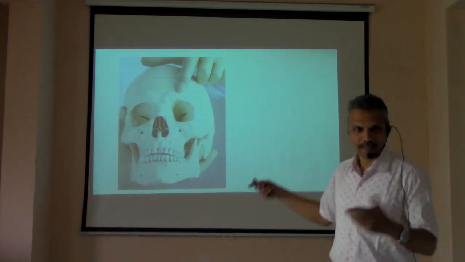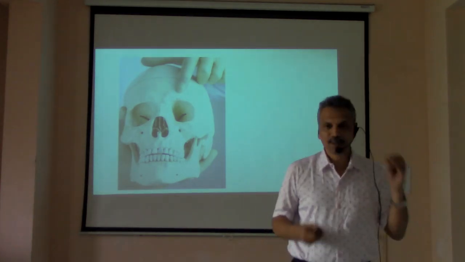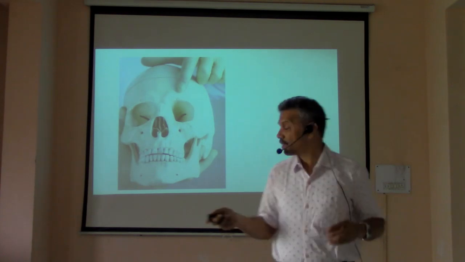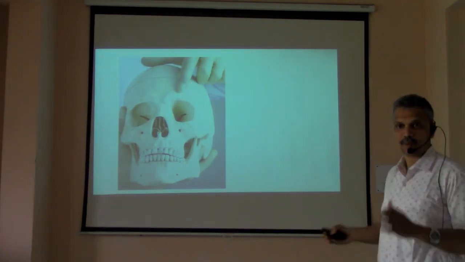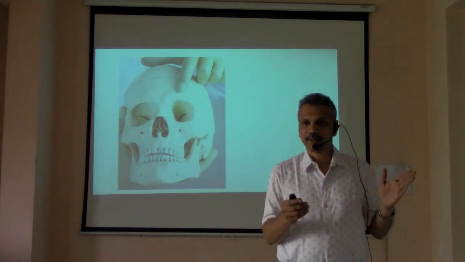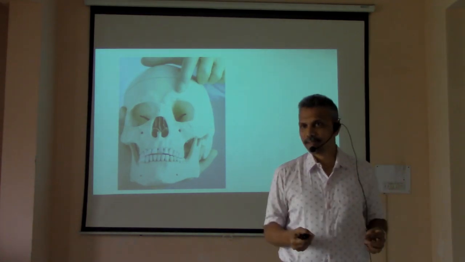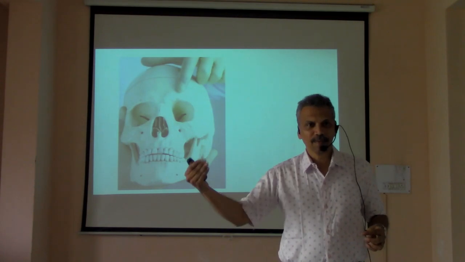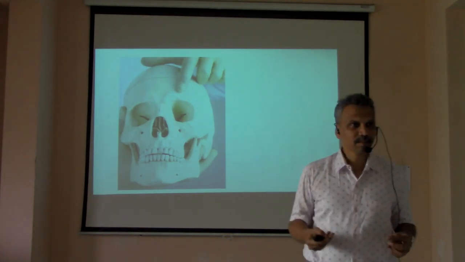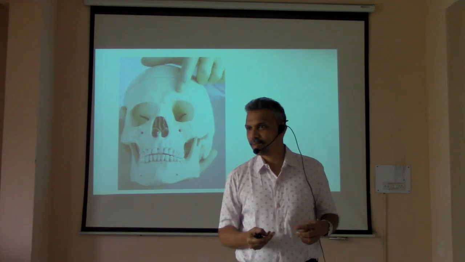The next simple question for a materia medica PG student is, what remedies come to your mind when we talk of the supraorbital region? Pain in the supraorbital region, what is the list of remedies you can think of? Sanguinaria, good.